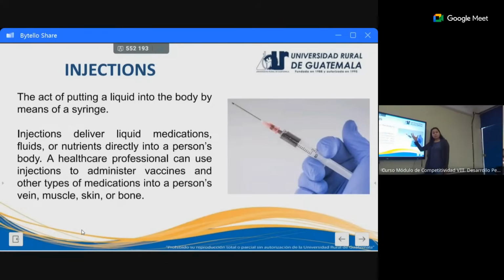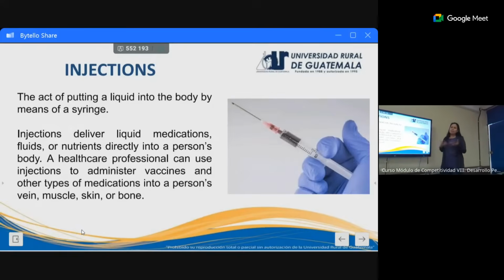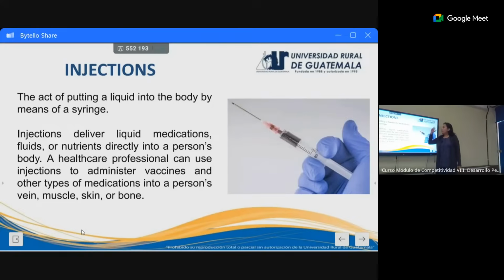Remember when we talked about vaccines? There are different types to get them administered, and one of them is through injections. A healthcare professional can use this type of injection to administer vaccines and other types of medications into a person's vein, muscle, skin, or bones.